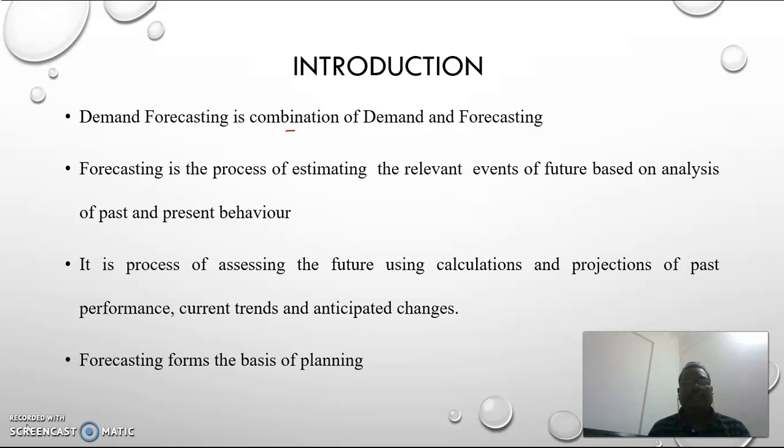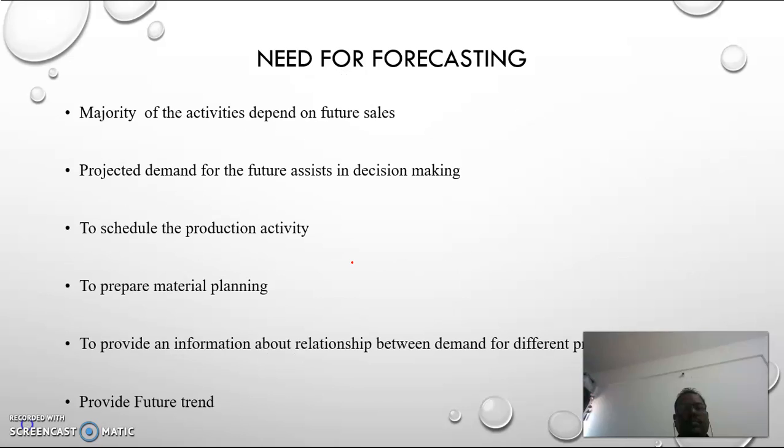In such conditions, the planning of production activities becomes important, and the forecast forms the basis of planning by enabling management to respond quickly to market changes, by providing an estimate of relevant future events based on the analysis of their past and present behavior. The majority of activities depend on future sales, because demand can increase or decrease in the future. Accordingly, the planning for production activities has to be done.